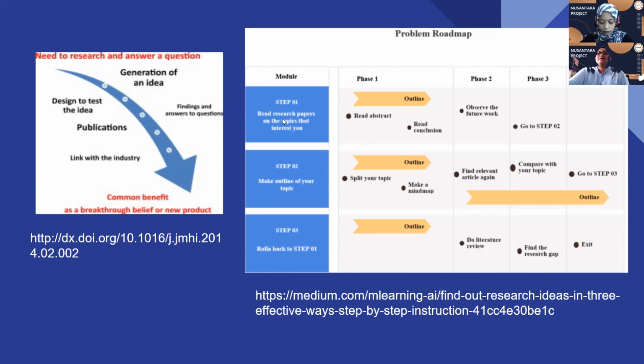Step one is read research papers on the topic that interests you. A good paper is a finished paper. For the interesting topic, on the first pass you only read the abstract and the conclusion.